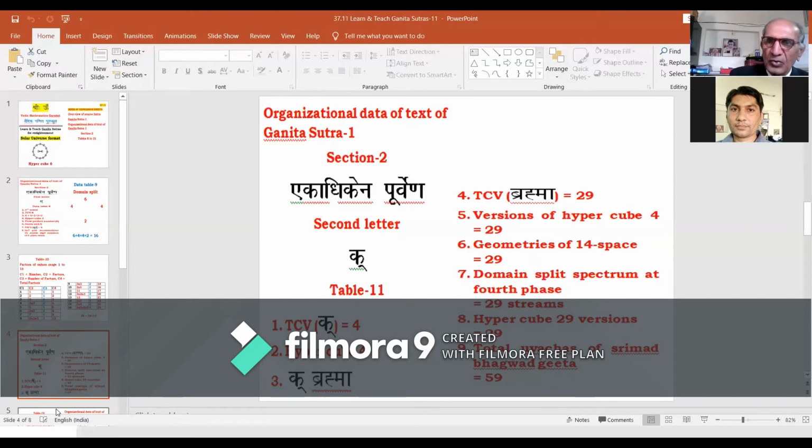Further, we know that the total versions of hypercube 4 are leading to the total geometries of 4 space. So these versions of hypercube 14 and geometries of hypercube 14 being 29 are parallel with the TC value of 29.